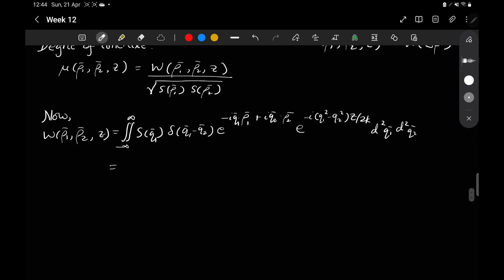Now this delta function will integrate and give q1 equal to q2.